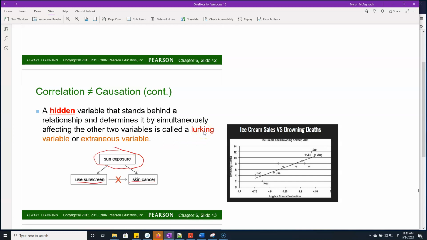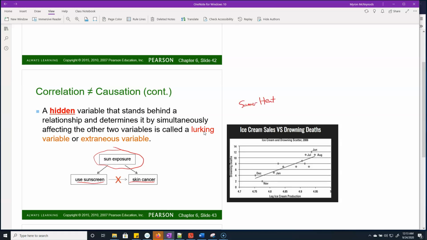I like this one here, ice cream sales versus drowning deaths. And this is a true stat. As ice cream sales go up, drowning deaths go up. And think about what would be the cause of that. Obviously, eating ice cream isn't causing you to drown and die. What's actually causing this is the heat, the summer heat.